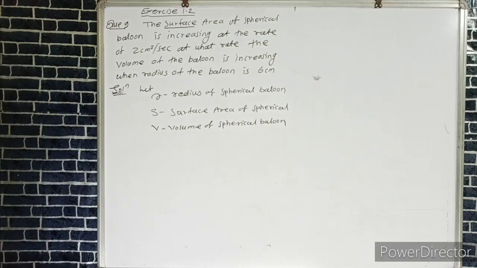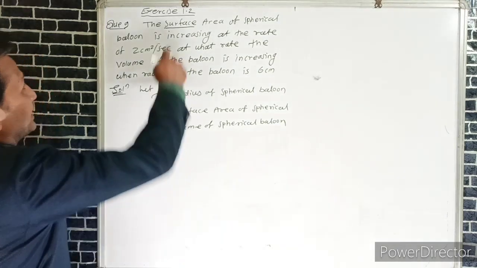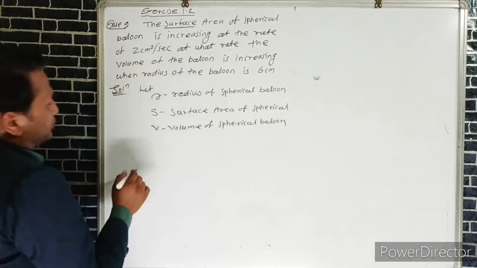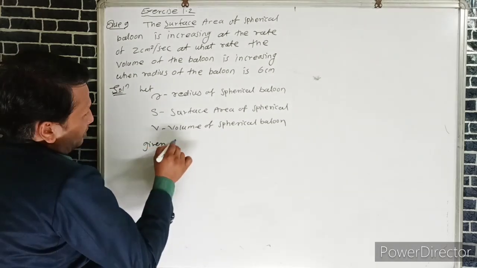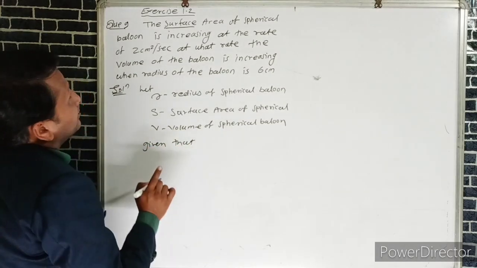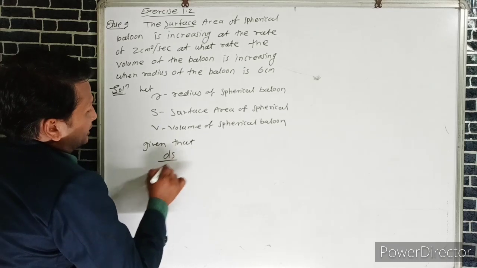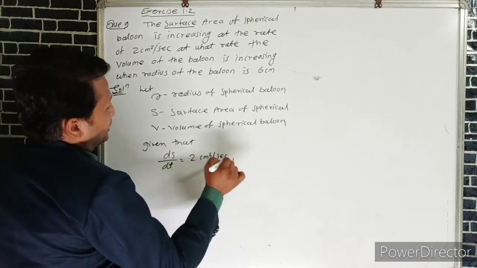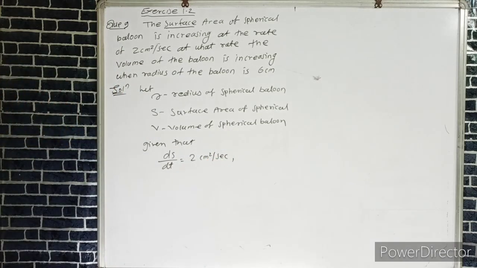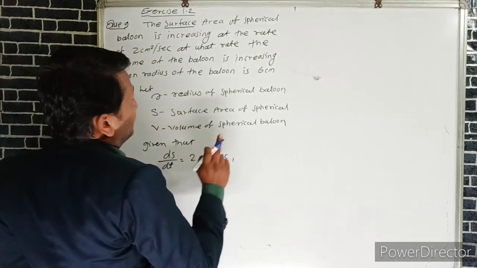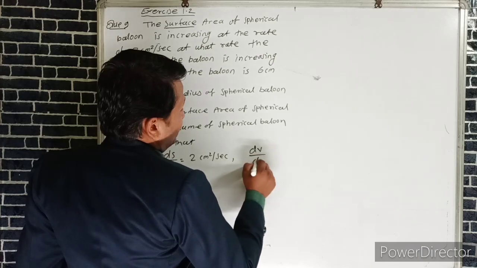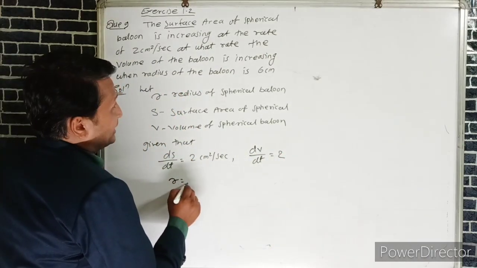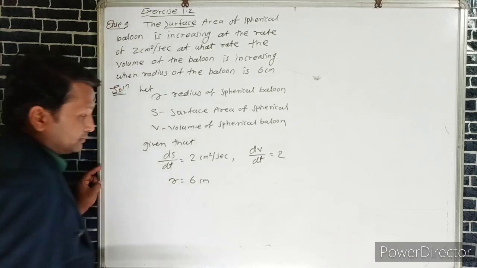So by the given condition we can say that the rate of change of surface area with respect to time t is 2 centimeter square per second. Therefore given that ds upon dt is equal to 2 centimeter square per second. After that we have to find dv upon dt is equal to what, when radius r is equal to 6 centimeter.